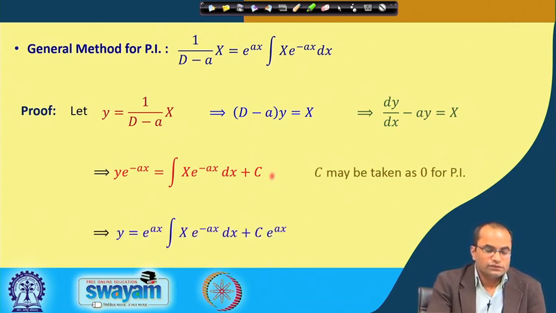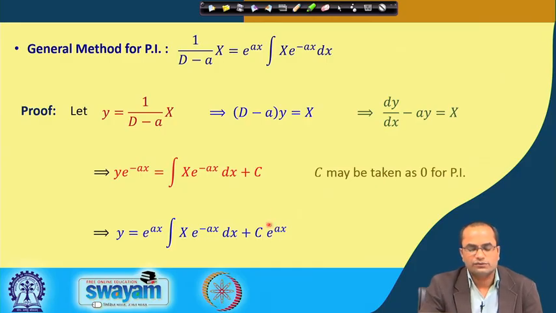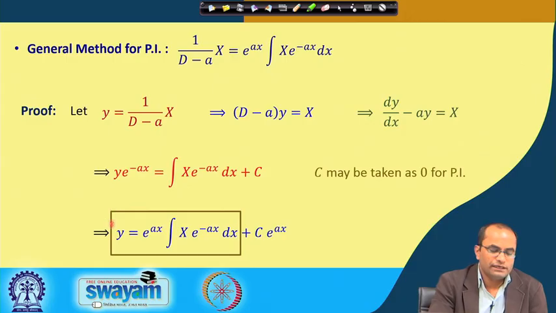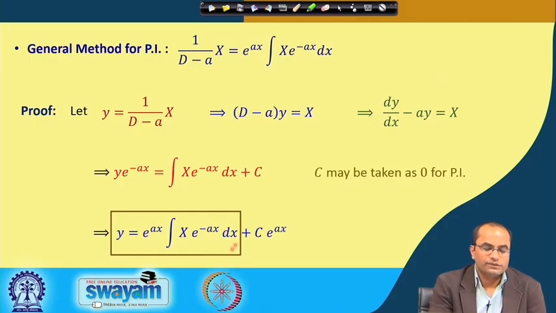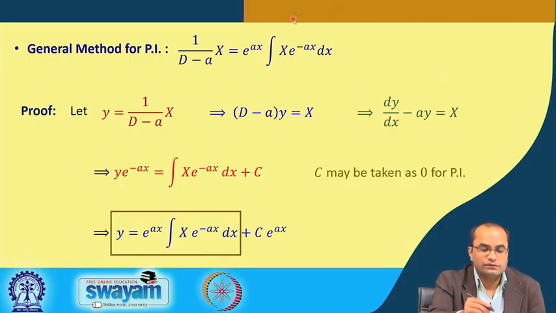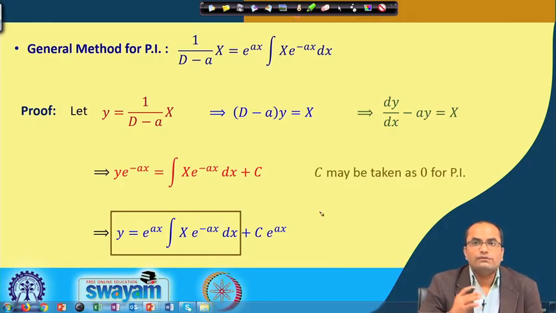So, now the solution of this equation: y will be e power a x times the integral of x e power minus a x dx, plus this constant times e power a x. When this constant is 0, this term will disappear, and basically we get the value of 1 over d minus a operated on x equal to this. This is a very important result, which will be very useful to find the particular integral.